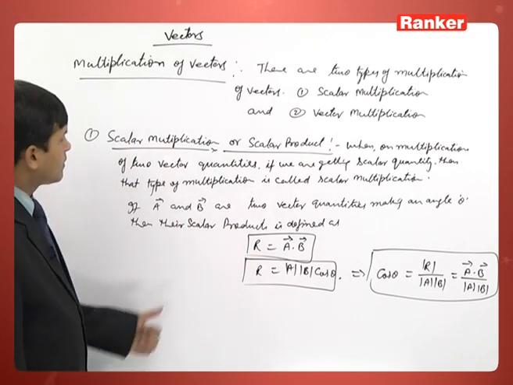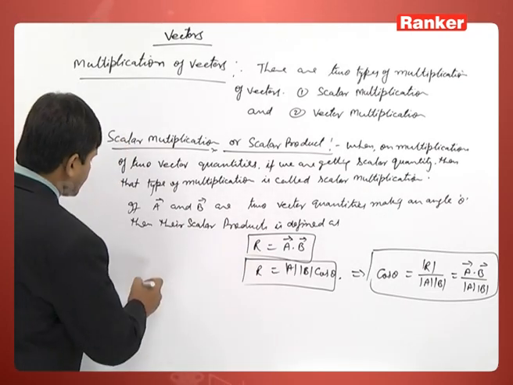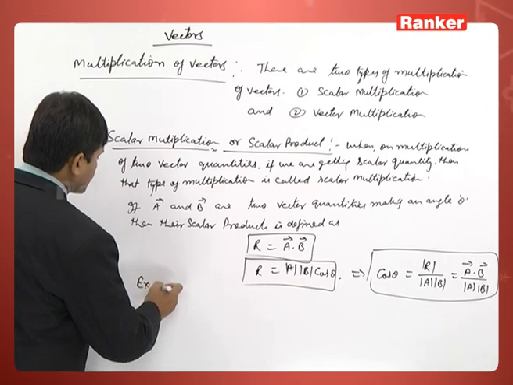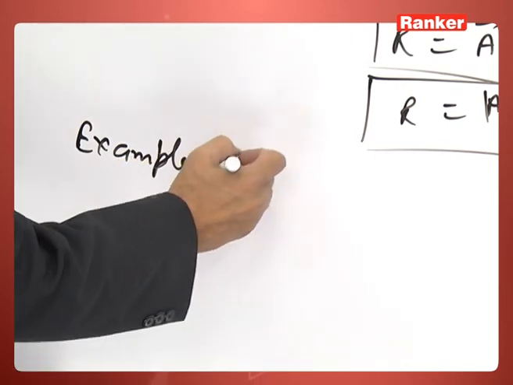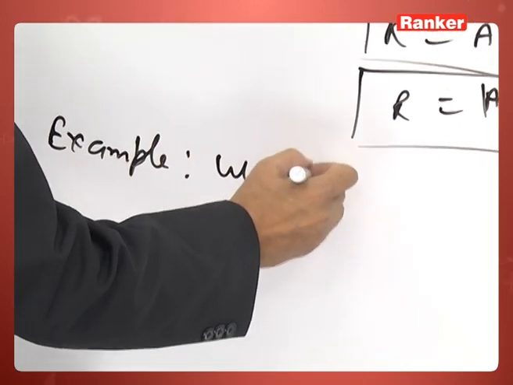Examples of scalar product. For example, work done.